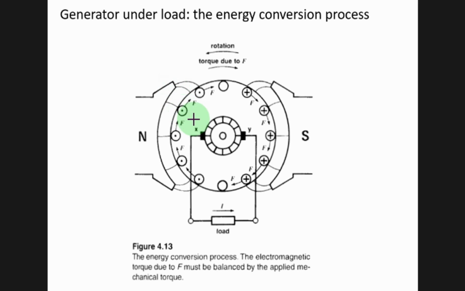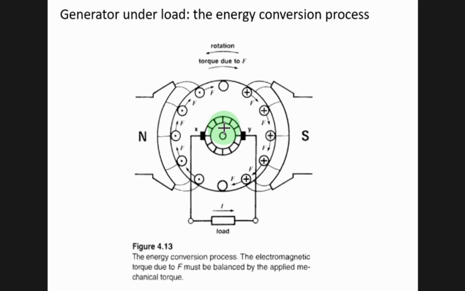That force is in the opposite direction to the direction of rotation, to oppose the rotation. Therefore that force can be calculated. That calculation is explained here, but remember, in a generator there will always be a backward direction torque on the armature.